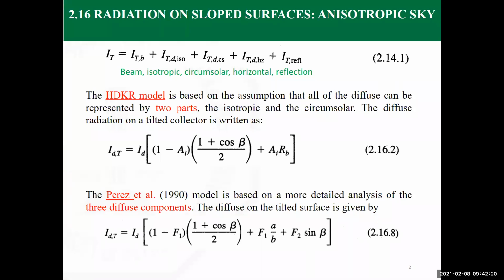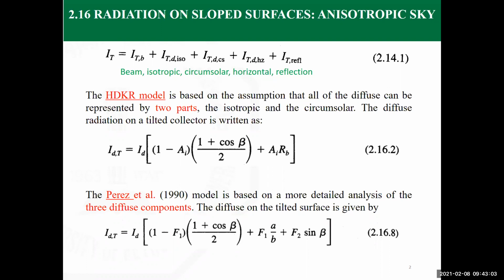It's not isotropic, it's anisotropic. Getting back to the basic equation, it has the beam component, the isotropic component, circumsolar component, horizontal component, and reflection component. Then the HDKR model, the second one here, is based on the assumption that all diffuse components can be represented by two parameters. So the diffuse component, like IDT, is represented by these two parameters here.